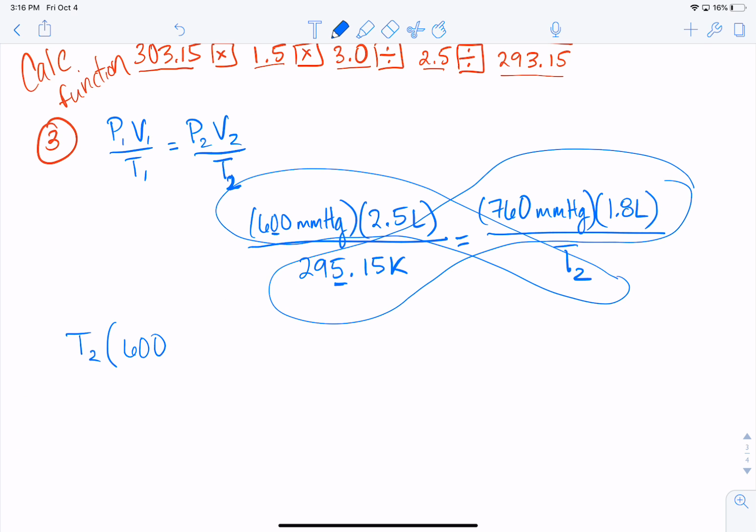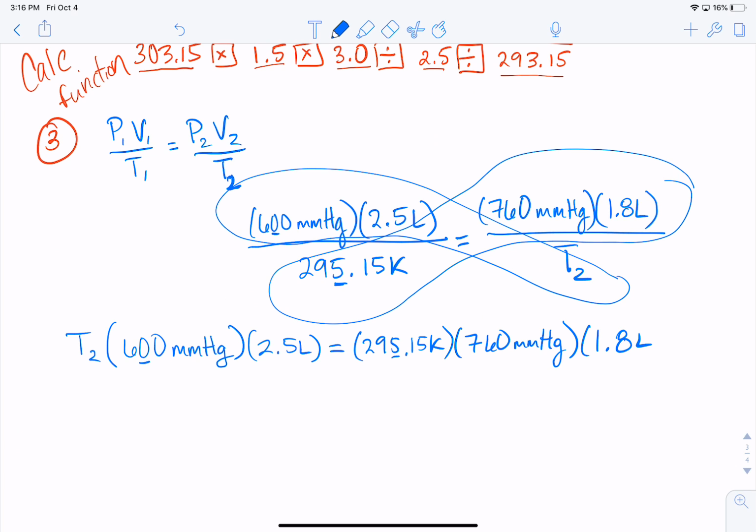So 600 millimeters mercury, because I can write pretty fast, if you haven't noticed. And then the other side would be 295.15 K times 760 millimeters mercury times 1.8. Now I have to get T2 by itself. Do you see how, when the denominator is the unknown, you've got to do this extra math step?